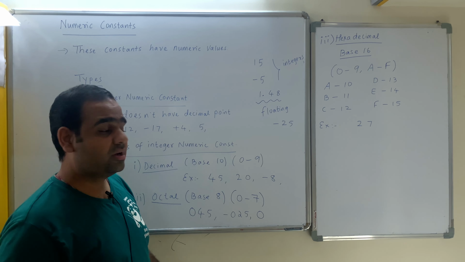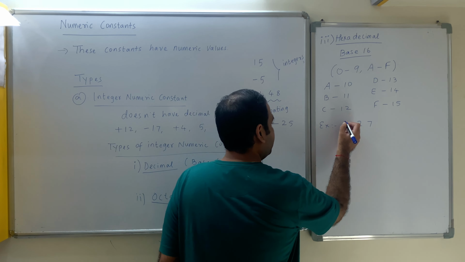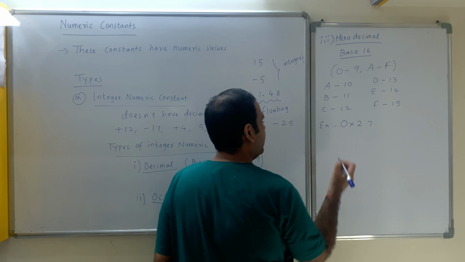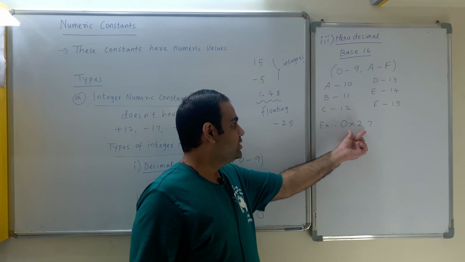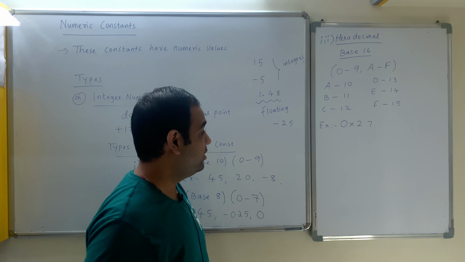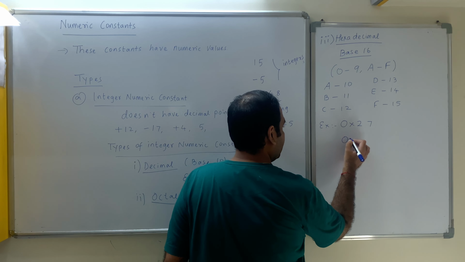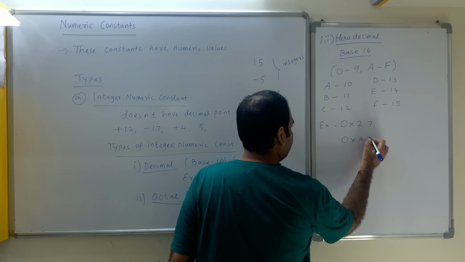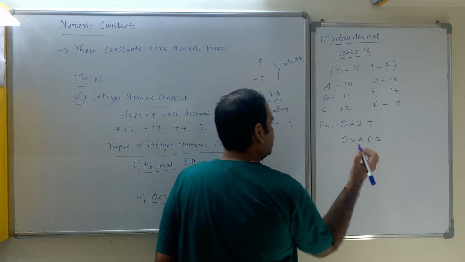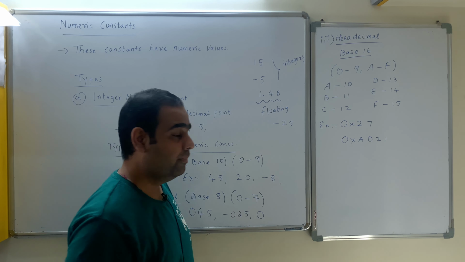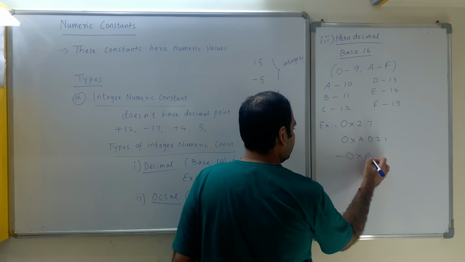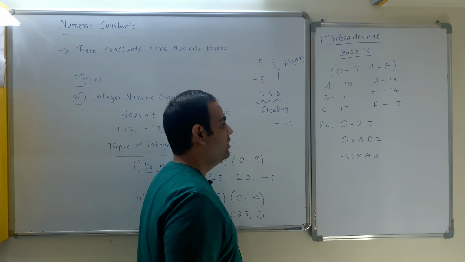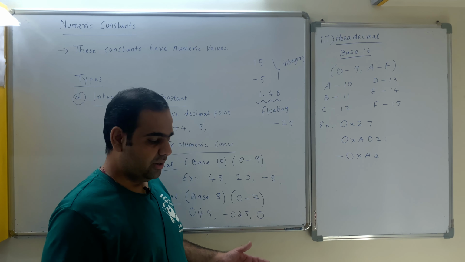To avoid this confusion, hexadecimal numbers begin with 0x. If I write 0x27, it is a hexadecimal number. Similarly, you can write 0xAD21. This is a hexadecimal number. Hexadecimal numbers can be negative as well. 0xA2 is a hexadecimal number.